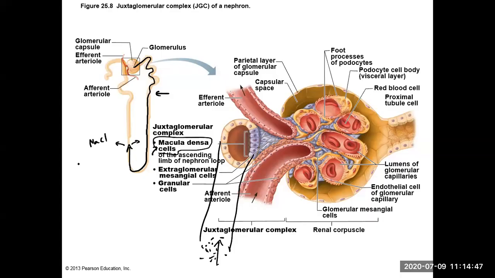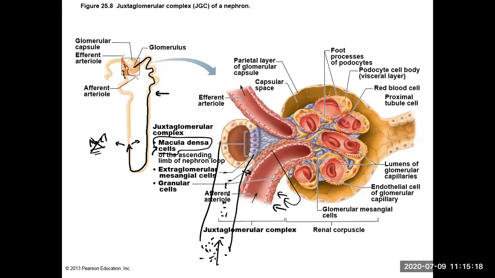That means sodium chloride can get reabsorbed into our blood, but because they're going so fast, they're not. All right, so they're remaining here. So that means that there is a lot of solute in here. They can detect that, right? And as a result of that, they can release vasoconstrictor chemicals, and vasoconstrictor chemicals is going to constrict this afferent arteriole.